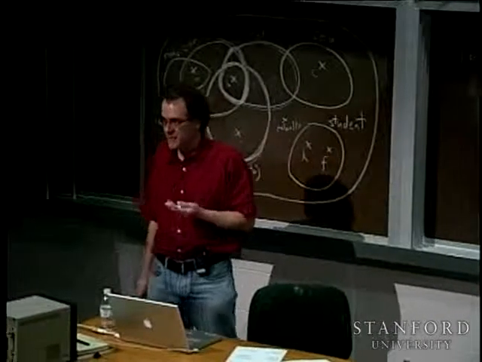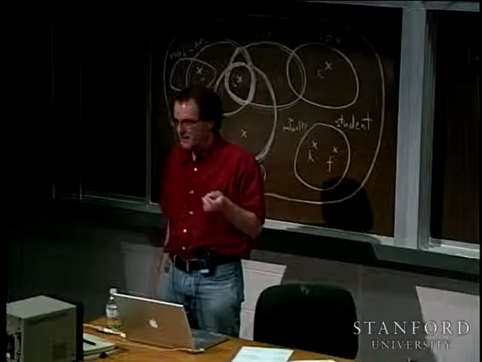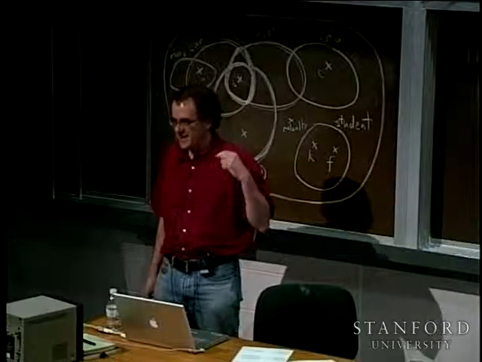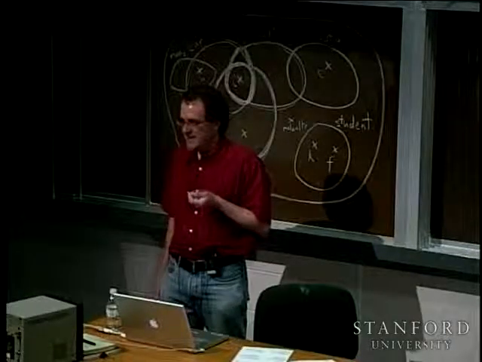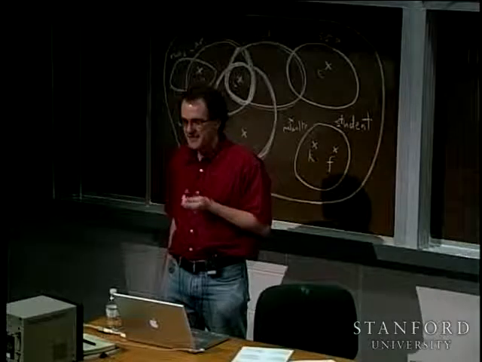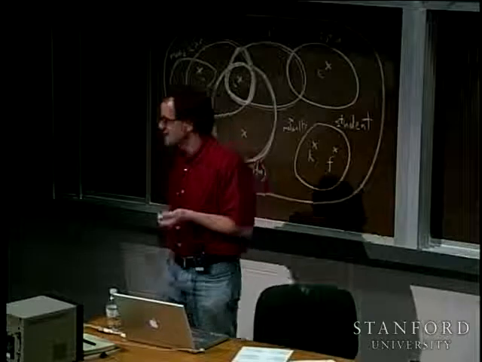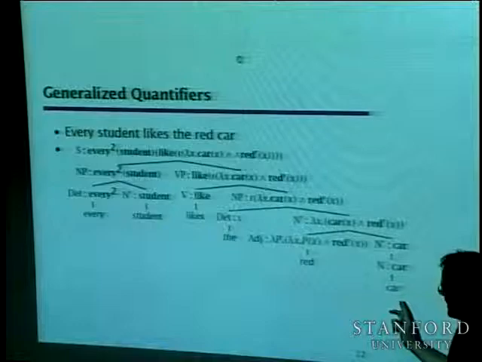Okay, that looks really cool, apart from the one problem that I played this mucky trick, whereas before the verb phrase was the head of the sentence, I now made the subject noun phrase the head of the sentence. And that might then get you worried as to what happens after that. Like, what if I put a quantifier in object position? What if I said every student likes every car?